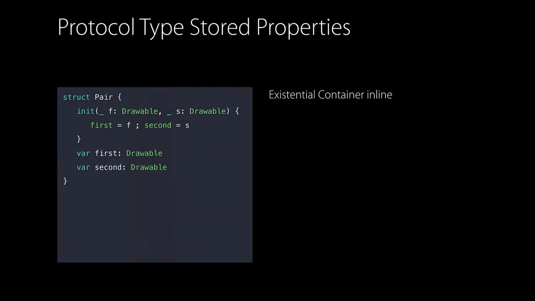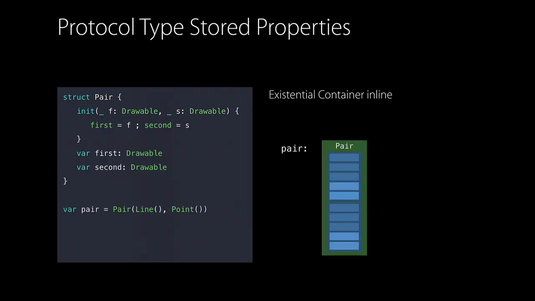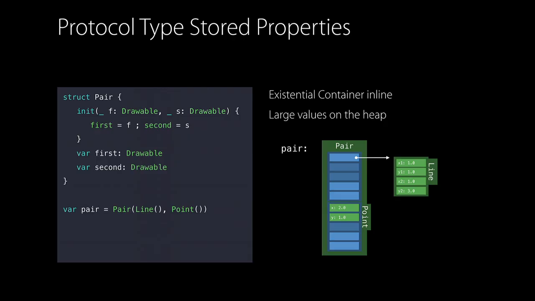Well, inline of the enclosing struct. So when we allocate a Pair, Swift will store the two existential containers necessary for the storage of that Pair inline of the enclosing struct. Our program then goes and initializes this Pair with a Line and a Point. And so as we've seen before, for our Line, we will allocate a buffer on the heap. Our Point fits into the inline value buffer and can be stored inline in the existential container.